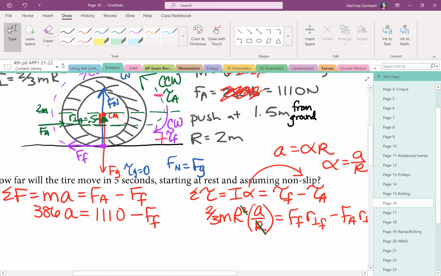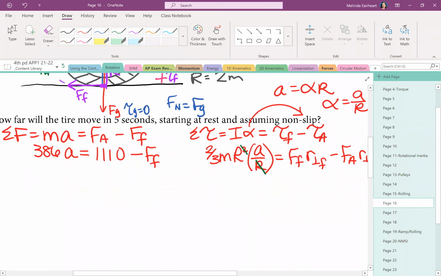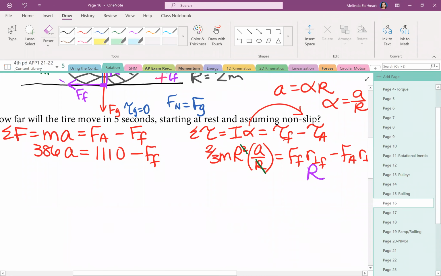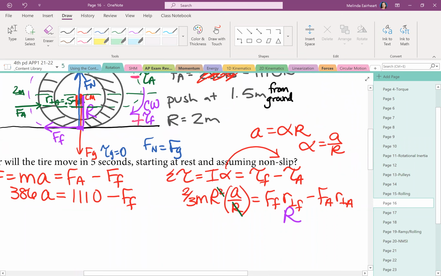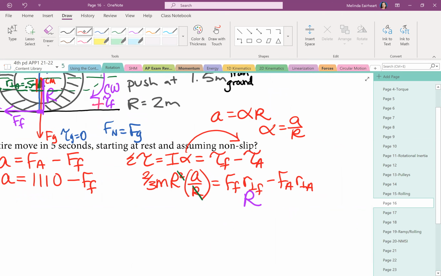The distance from the force to the axis of rotation. It's also R. And so we can plug in an R right here. But what about the lever arm for the applied force? Is it the full radius? No. And so that second R is not going to cancel out because this one was that 0.5 that we said. So be careful on R canceling. Sometimes all of it cancels, sometimes it doesn't.